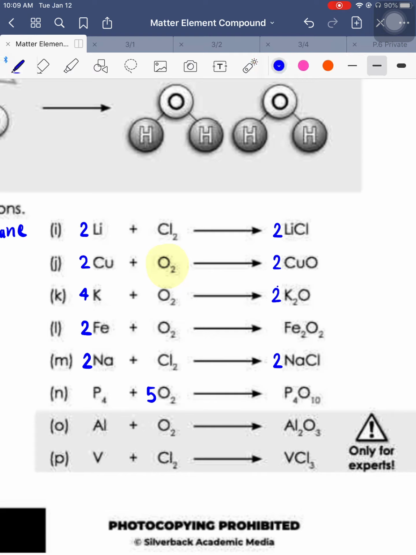Aluminum 2. I put 2 aluminum right here. How about oxygen? This one is 2 oxygen, this one is 3 oxygen. So you have to find the common multiple.